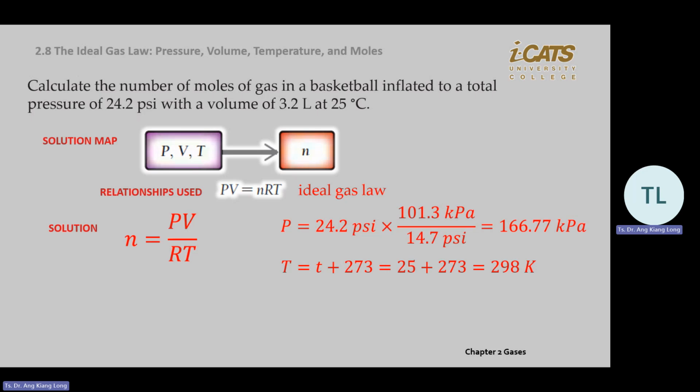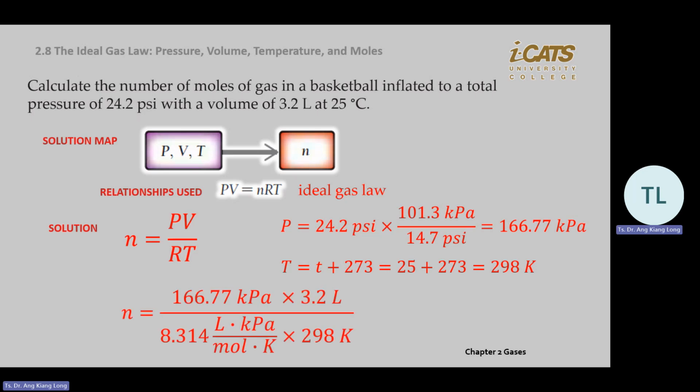You need to show me these steps in the test or final exam with the correct unit. Then you substitute into n equal to PV divided by RT. Press calculator, cancel out the unit. You arrive at the final answer in mole. When the final exam, you need to do something about the mole.